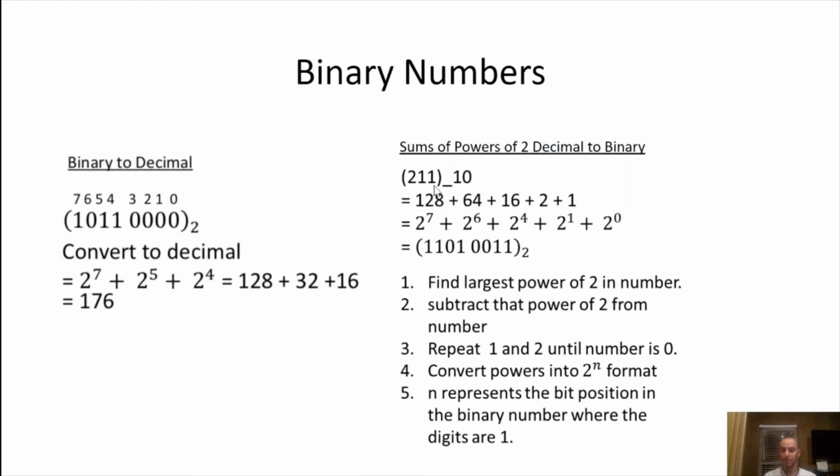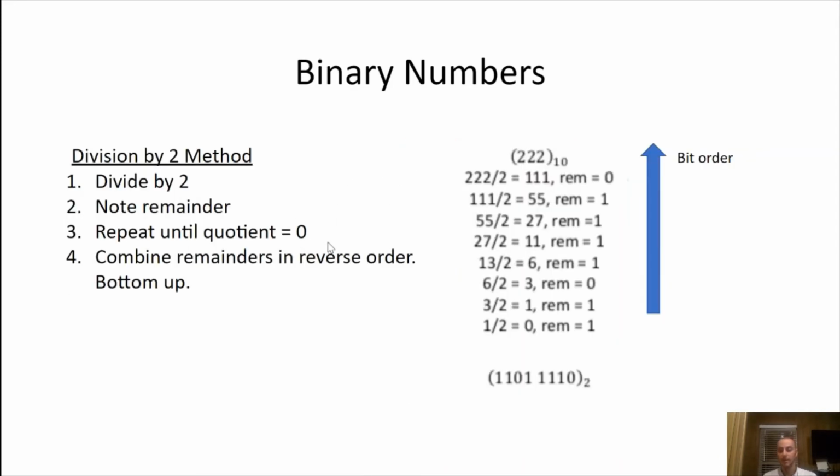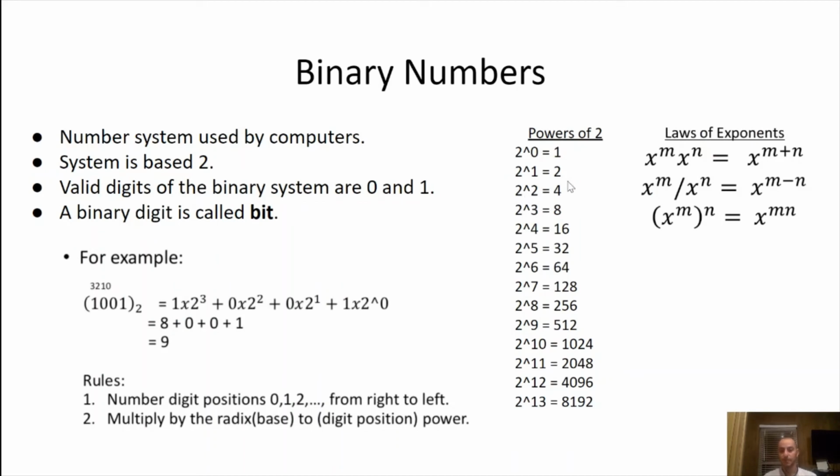Our number is 211. If we look at our slide, 211 fits somewhere in between here, right? What is the largest power of 2 that is smaller than our number? That's going to be 128.